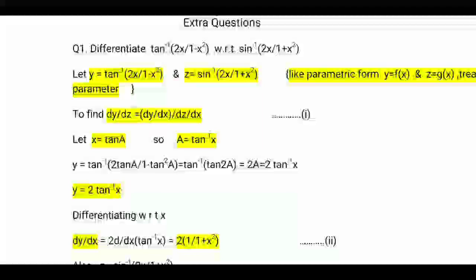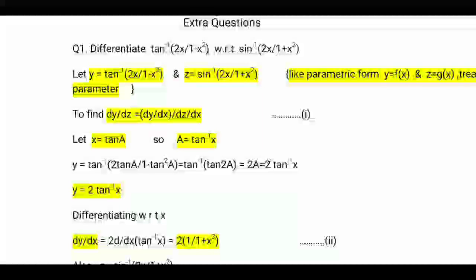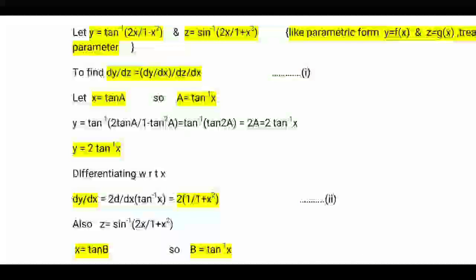That is tan inverse tan 2a, as 2 tan a upon 1 minus tan square a is the value of tan 2a. So tan inverse tan 2a will be 2a. Since a is equal to tan inverse x, 2a is equal to 2 tan inverse x. Thus we get y is equal to 2 tan inverse x.